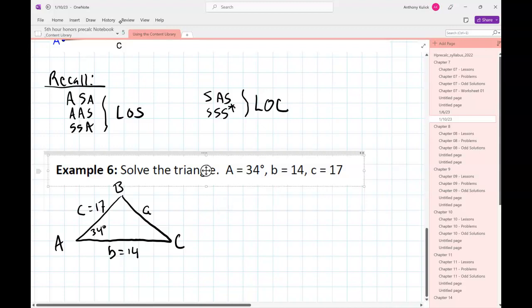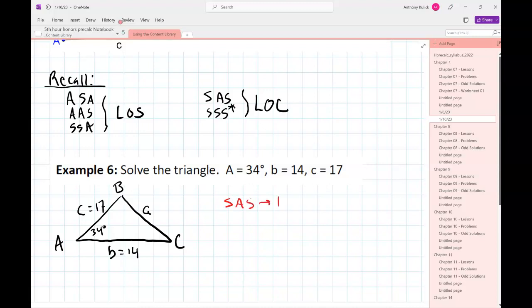Side-angle-side or side-side-angle? Side-angle-side, I can tell because the angle's in between the two given sides. So that tells me I should be using law of cosines. So what quantity will I be solving for first with the law of cosines? Not an angle. Side A. Yeah. So I'll say a squared is equal to b squared plus c squared minus 2bc cosine of angle A.